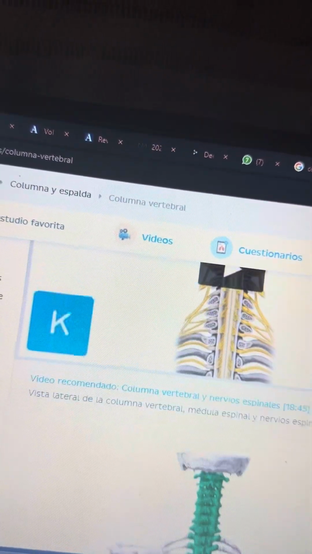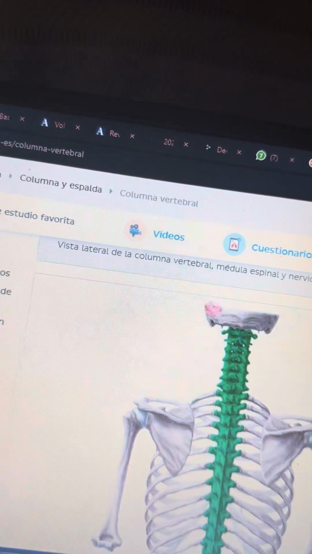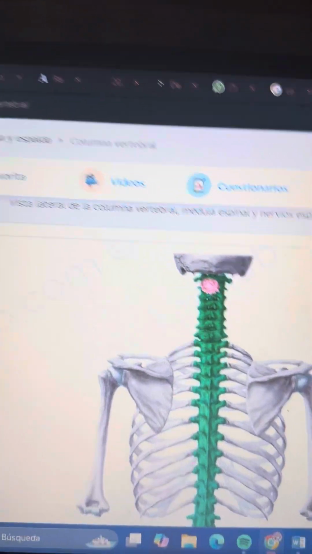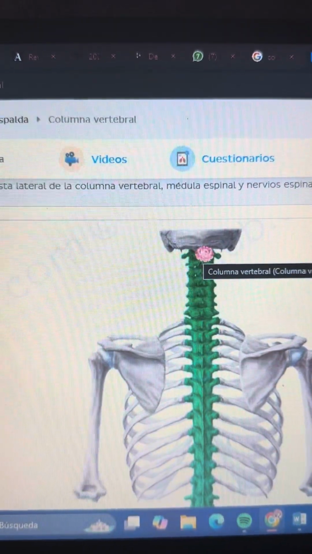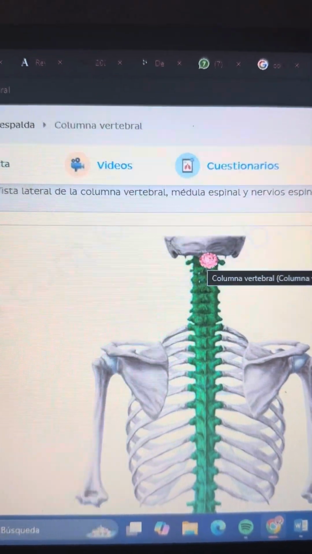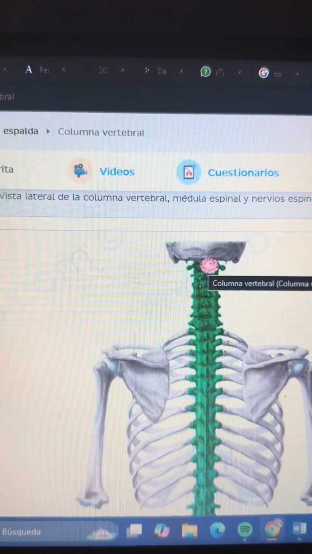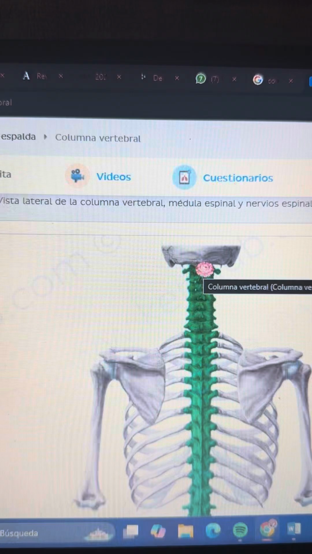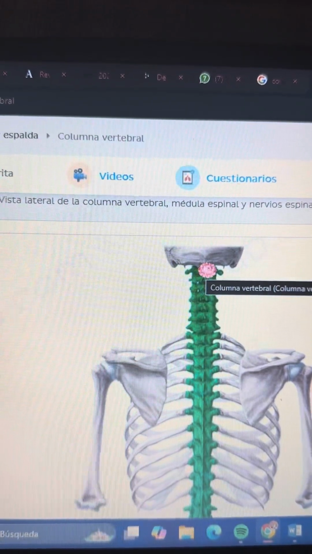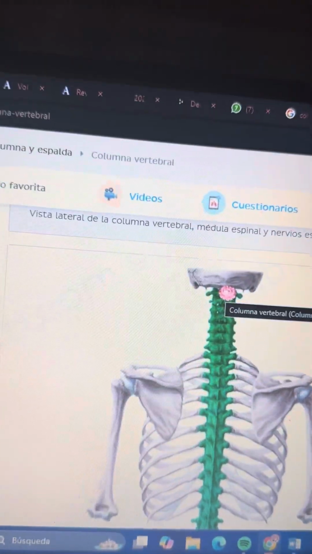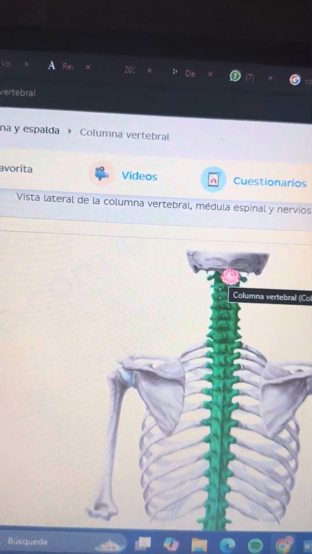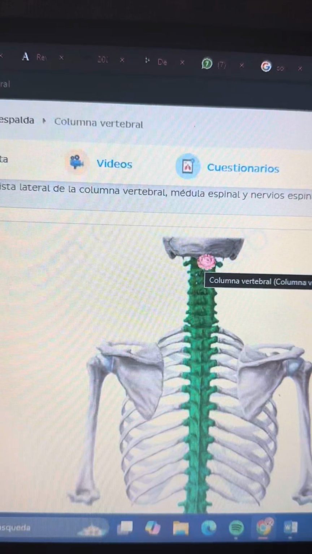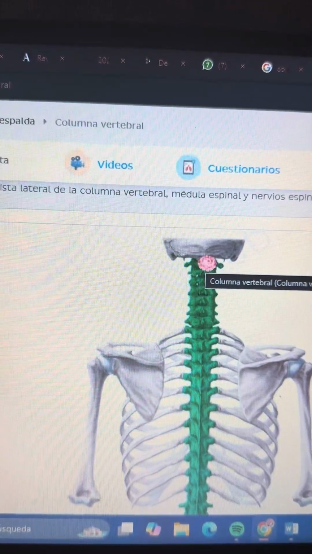For example, cervical 1, or C1, and thoracic 10, T10.